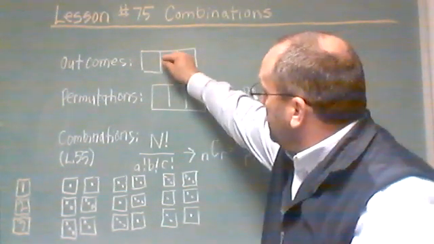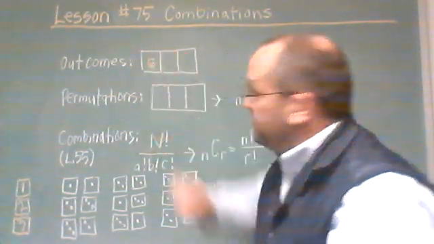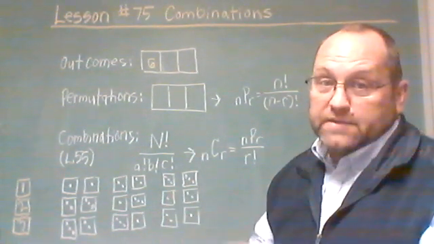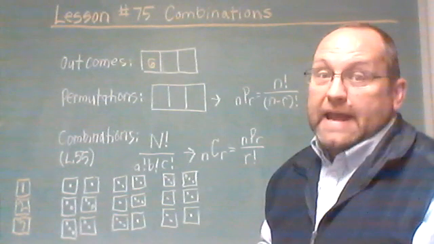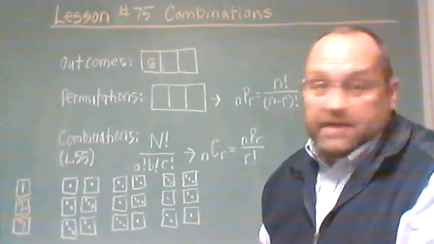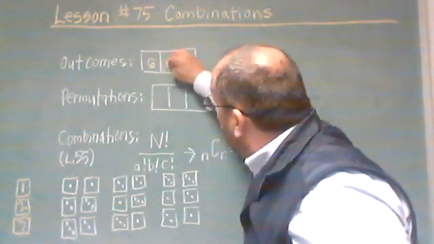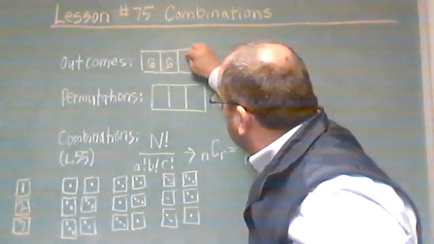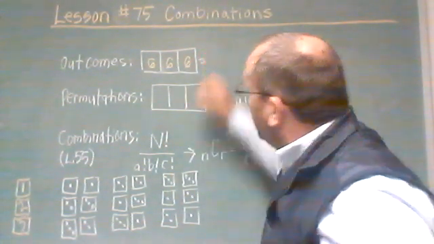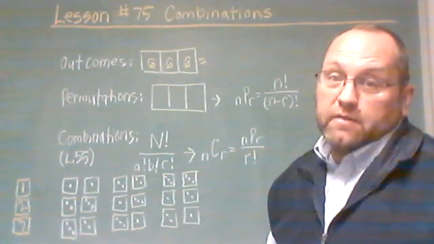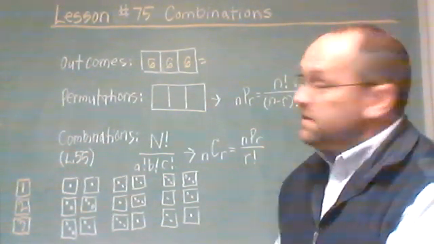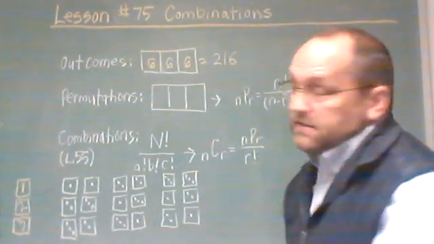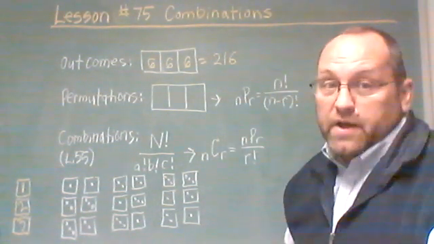The first die has 6 possible outcomes. The second, rolled at the same time, has the same 6 sides, so 6 outcomes, and the third die is the same. So our total possible outcomes, 6 times 6 times 6, equals 216 possible outcomes.